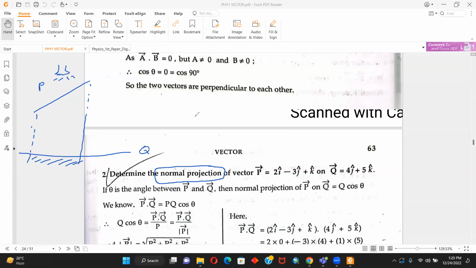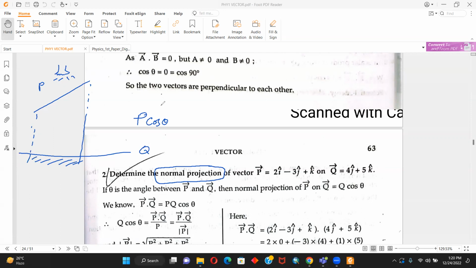We take this bit, which is P cosine theta. And how did we get it? We saw it with the help of trigonometry.